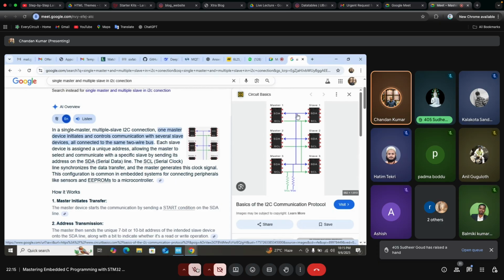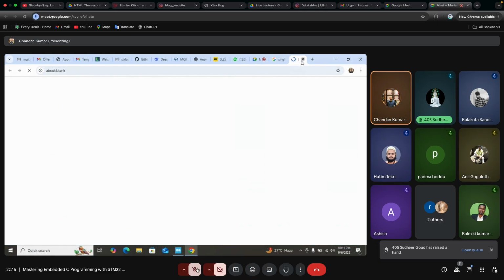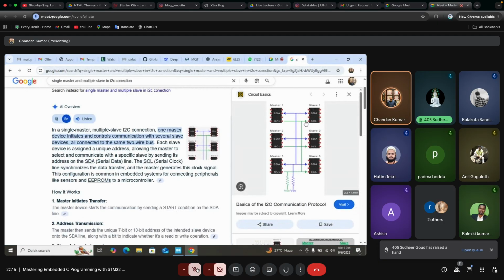You can see it, this pin coming down and then getting connected here. And its clock pin is also coming down and getting connected here. Similarly, its data pin is coming down and getting connected with the data pin of slave 3, and its clock pin is coming down and getting connected to its clock pin.